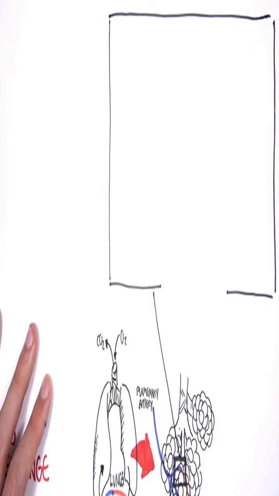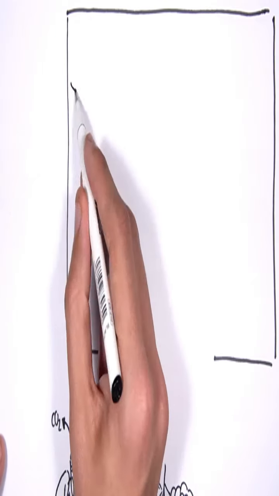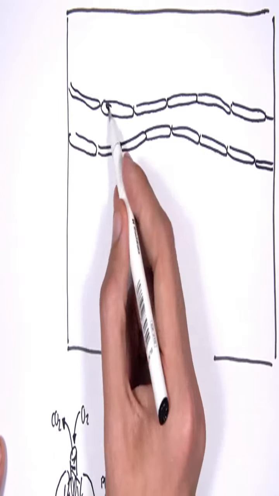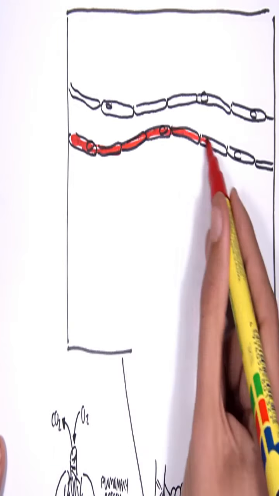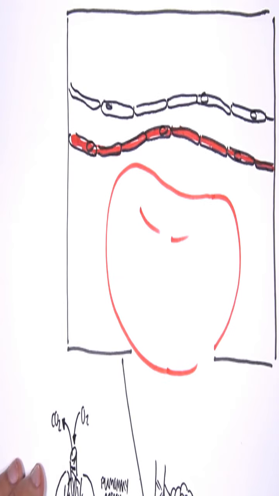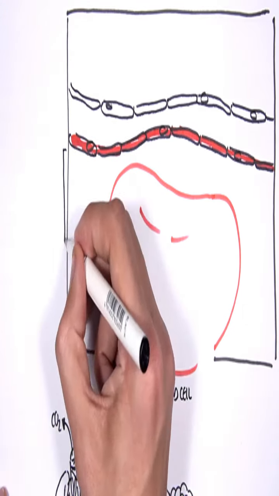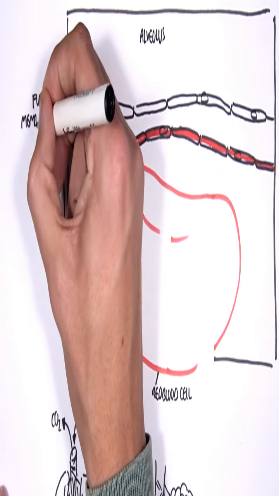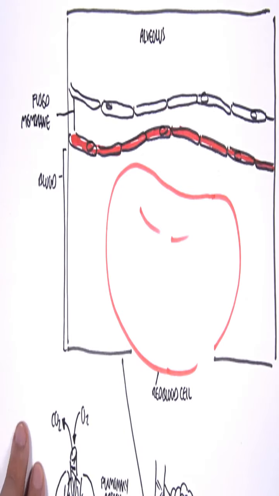So here I'm drawing the cell lining of one alveoli, which is known as an alveolus, and then here I'm drawing the boundary of the blood vessel, and here we can find the red blood cell. So here's the alveolus, here is the blood with the red blood cell, and here's just a fused membrane, which is a thin gap. Before we continue, we have to understand that the alveolus is the lung.